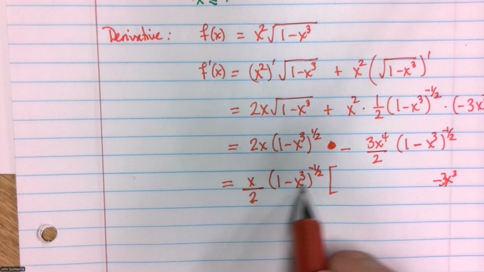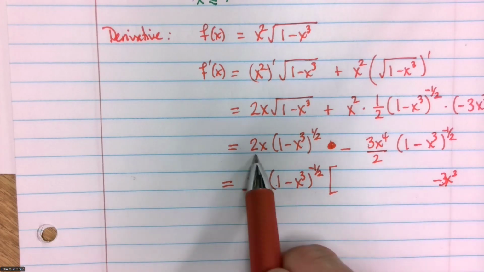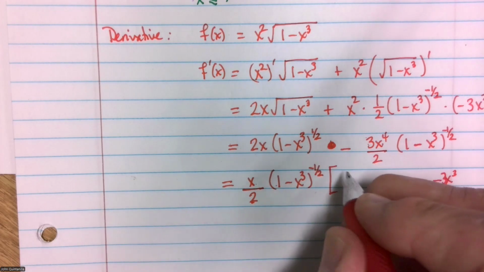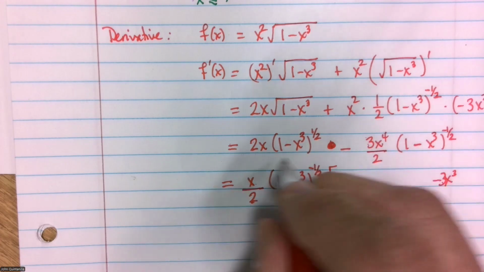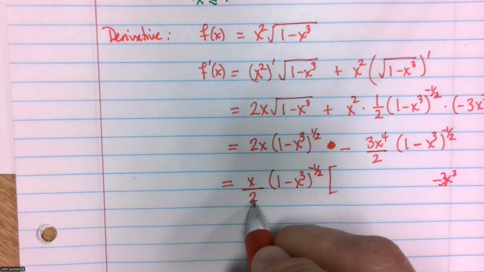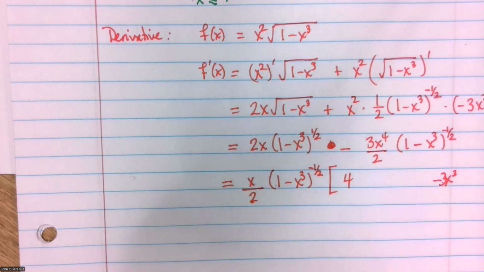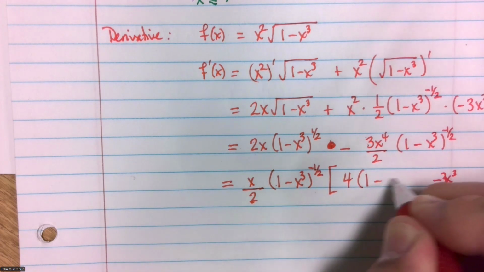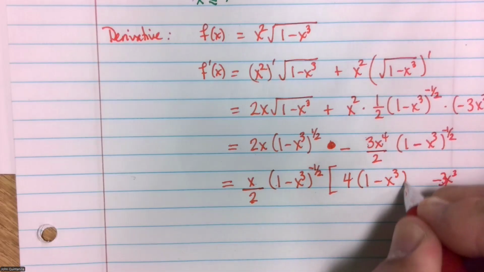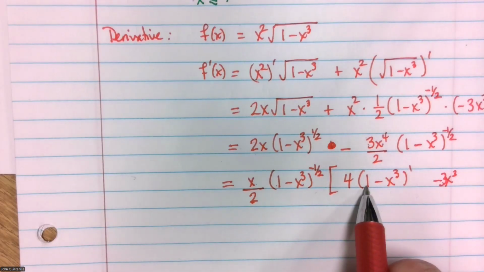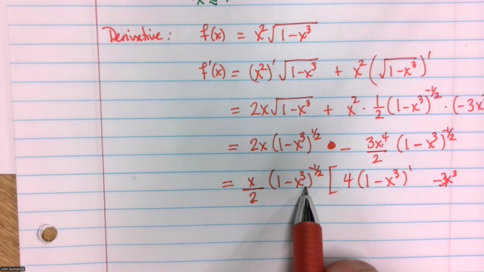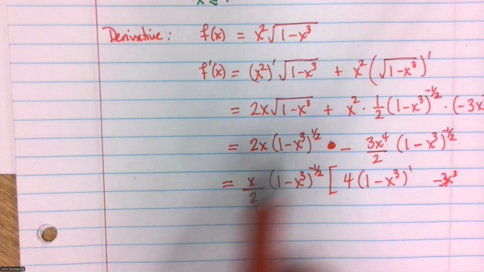I've got the over 2, and I've got this term right here, so that matches. On this term, I factored the x out, so there's no need to have that. I factor out a half, so that leaves 4 inside, because 4 divided by 2 is equal to 2. Also, what's left is 1 minus x cubed to the first power, because if I multiply this times 1 minus x cubed to the minus 1/2, I would have 1 minus x cubed to the 1/2.